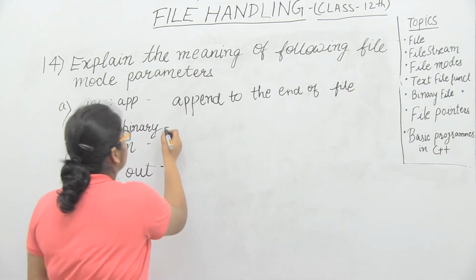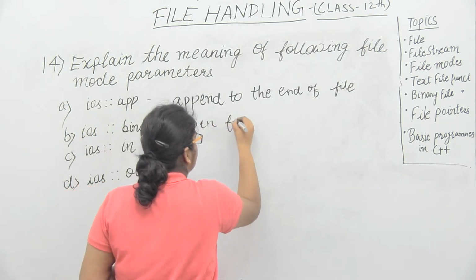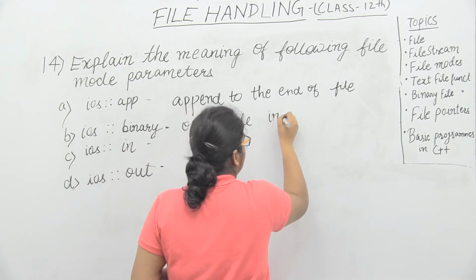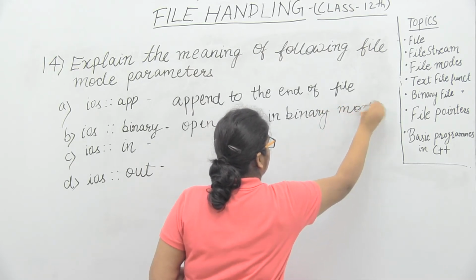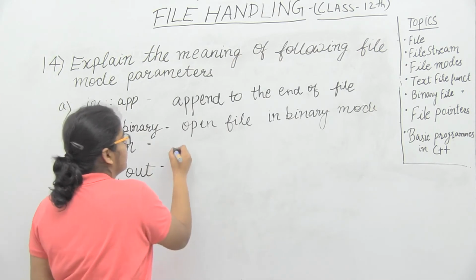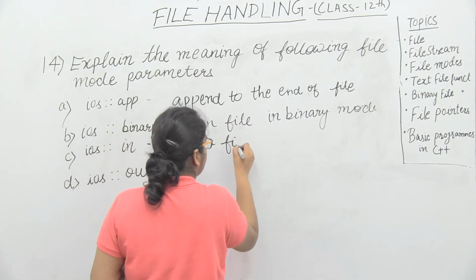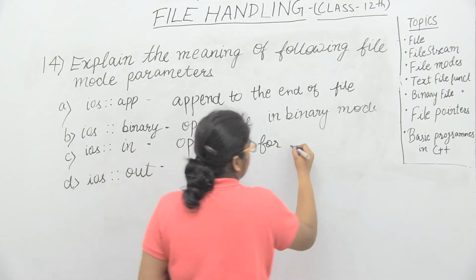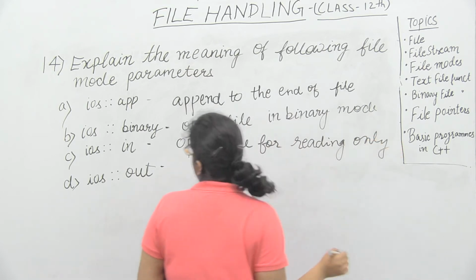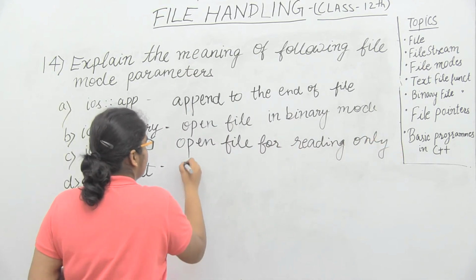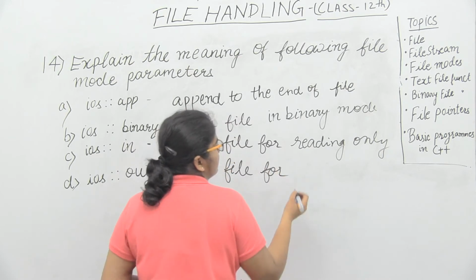Okay. ios::binary, this will open the file in binary mode. ios::in, this will open the file for reading only. ios::out, this will open the file for writing only.